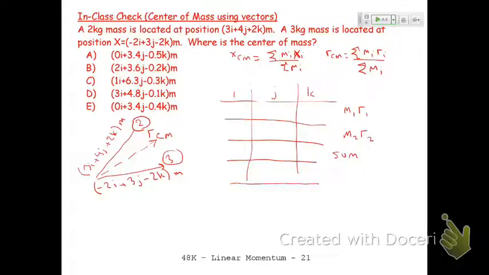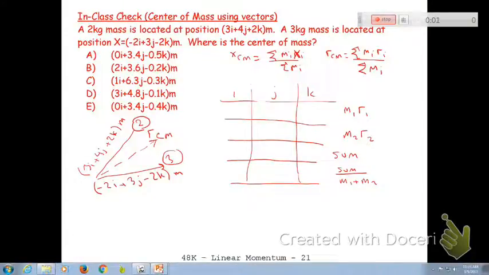And then I'm going to have my sum divided by m1 plus m2. It's the same mechanism, isn't it? Can you do that for me, please? Just write it out and do it, and then pick your answer and plug in your answers. And I'll pause here.